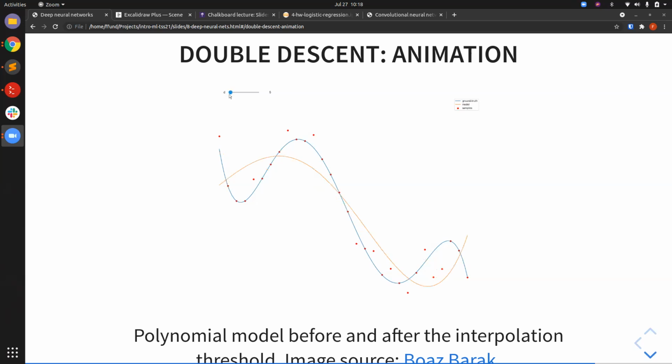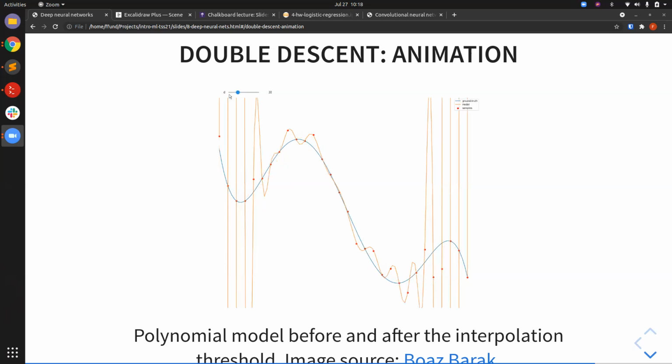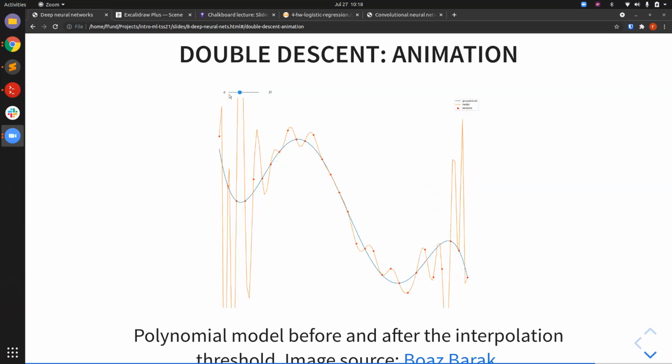And there are not many of them that fit the data equally well. But as you increase the degree of the polynomial and your set of potential candidate models gets bigger and bigger, and here, when I say candidate models, I mean different weight values, you have many more potential functions to choose from.